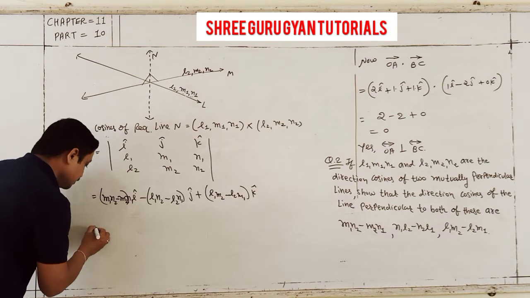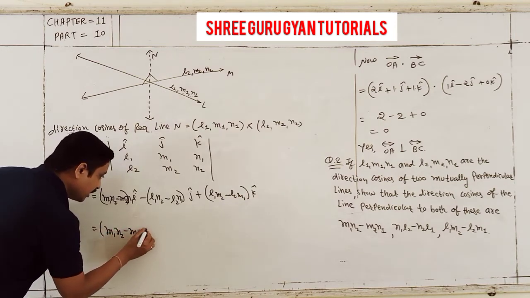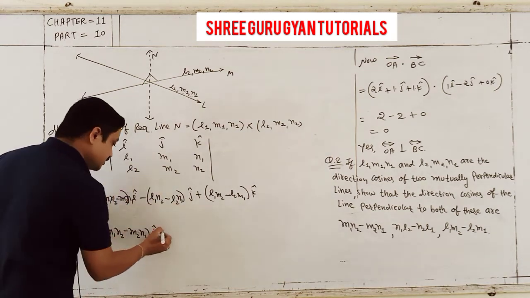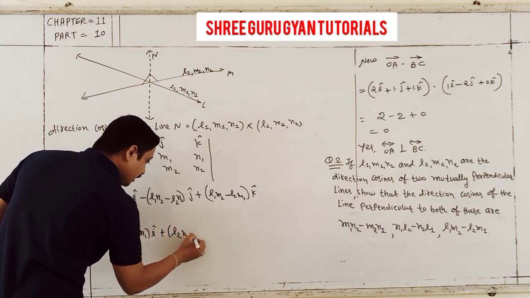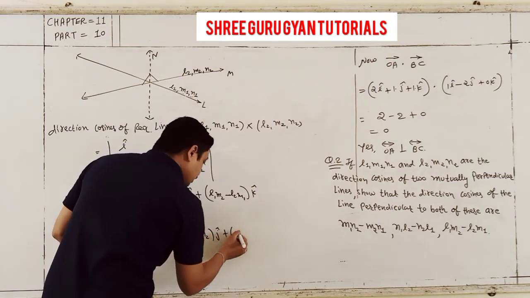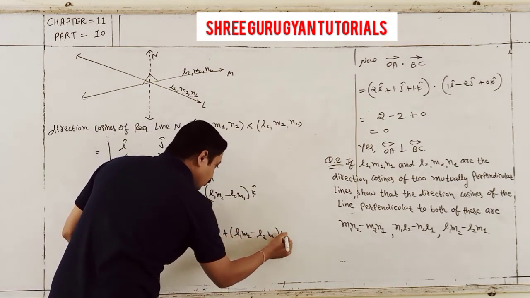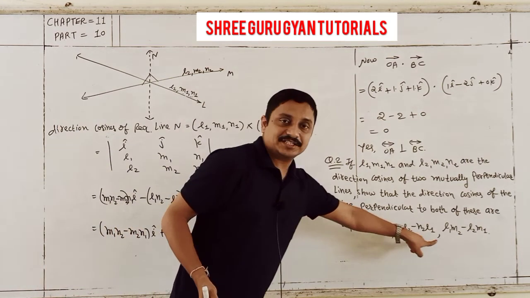Just rearranging, M1 N2 minus M2 N1 is i, here plus; I first write the positive values. So minus minus plus, L2 N1 minus L1 N2 is j, and lastly L1 M2 minus L2 M1 is k. These are the three direction cosines of the required direction.